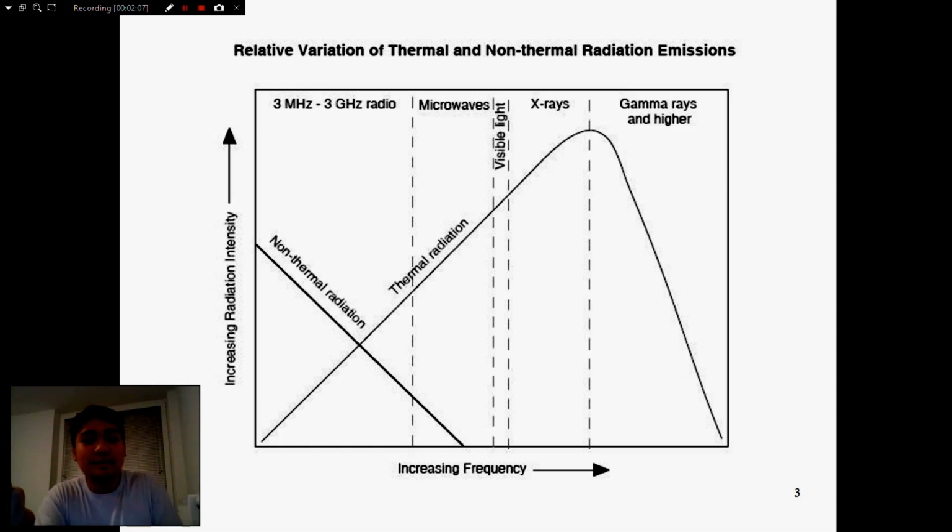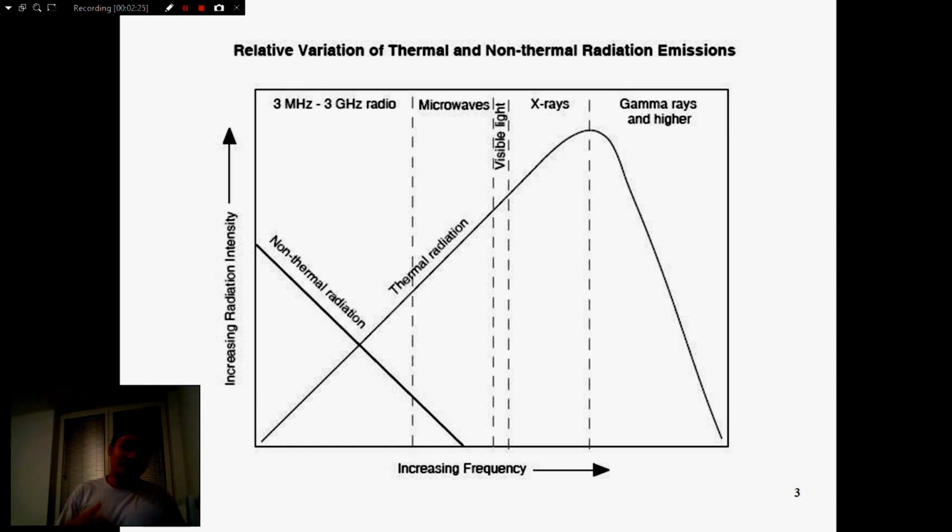The other radiation process is thermal radiation, the so-called black body radiation, which is brighter at higher frequency. So basically, if we plot intensity against frequency and see whether it decreases or increases with frequency, we can know the dominant radiation here.